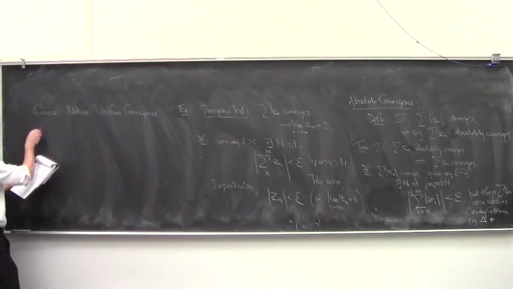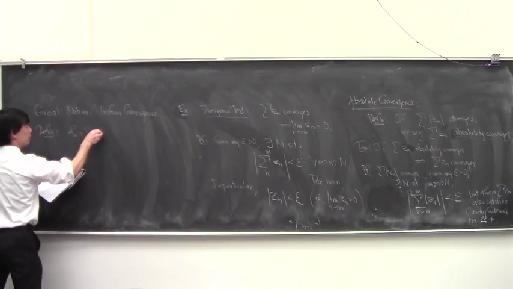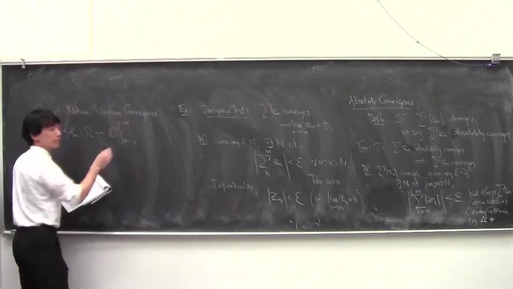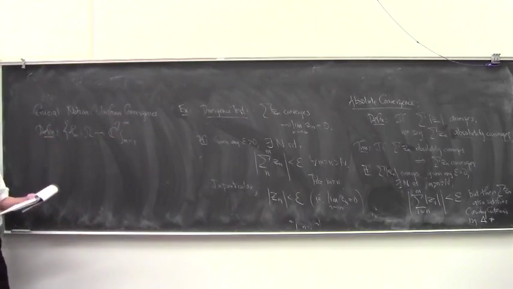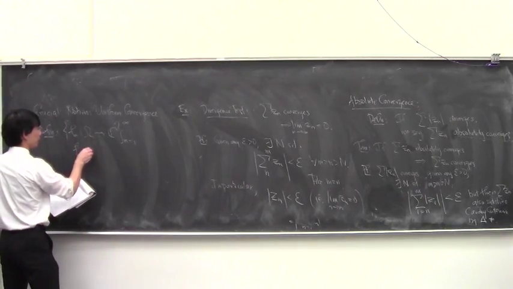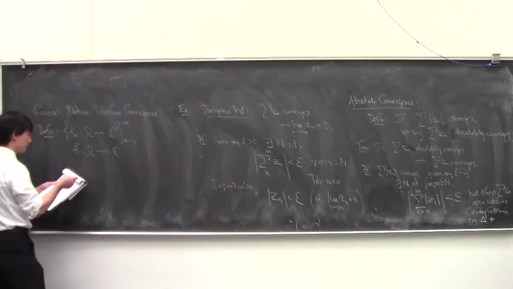Okay. So here's the idea. You have a sequence of functions now. Not just a sequence of points. You have a sequence of functions, and you have some limit function.